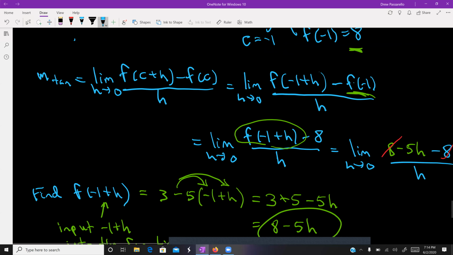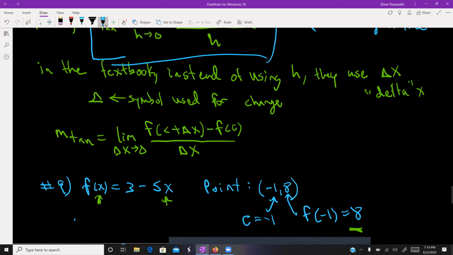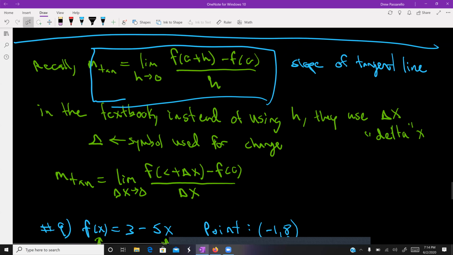And then the point that we're trying to find for the tangent line, (2, 5).